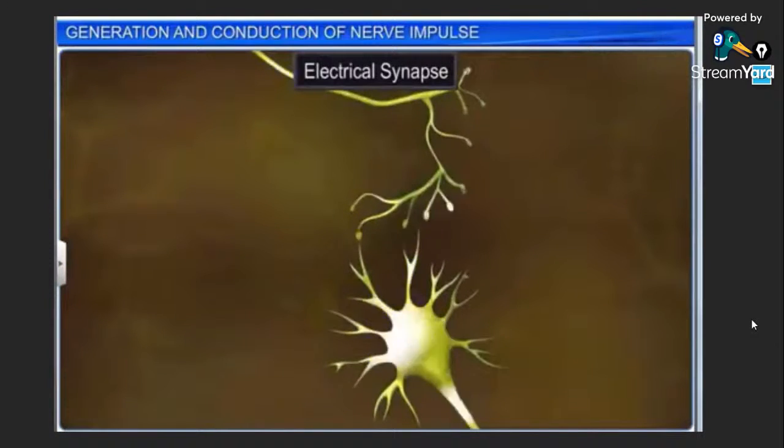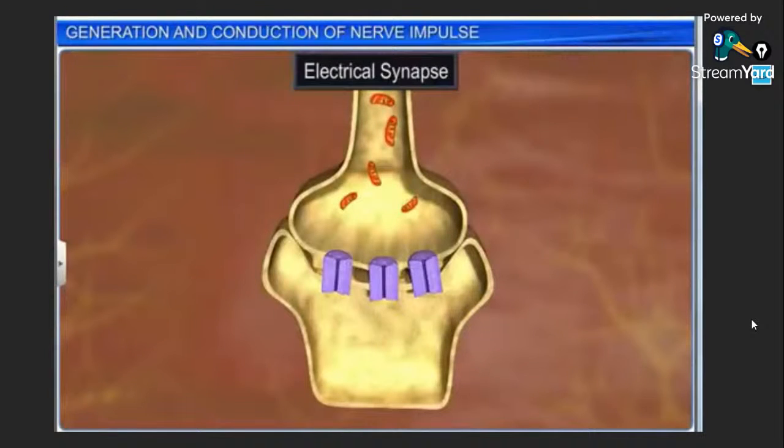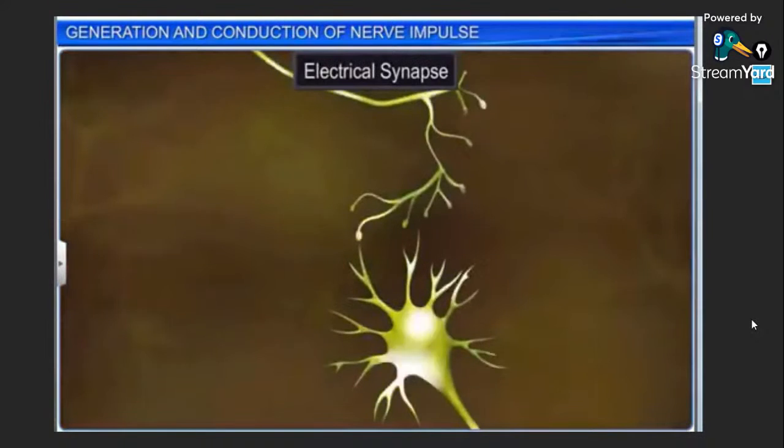This allows electric current to flow directly from one neuron to another. Even though electrical synapses are very fast, they are very rare in humans and found in only a few organisms. Synaptic vesicles are absent, and mitochondria are present. The signals pass very fast. Impulse transmission across an electrical synapse is faster than across a chemical synapse.